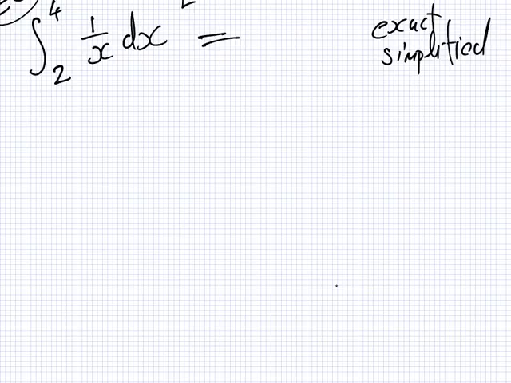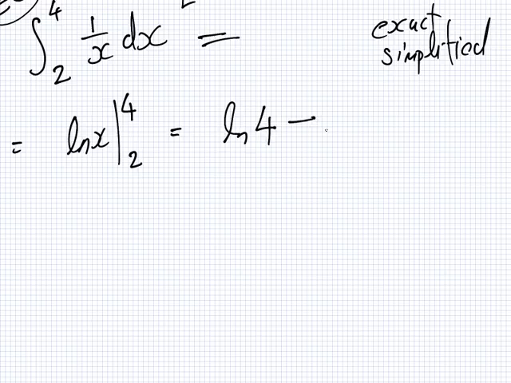Got this? Yeah? Okay. So this becomes, what's the integration of 1 over x? Log x. 2 to 4. This is log 4 minus log 2. But I said to simplify using the second rule of logs.